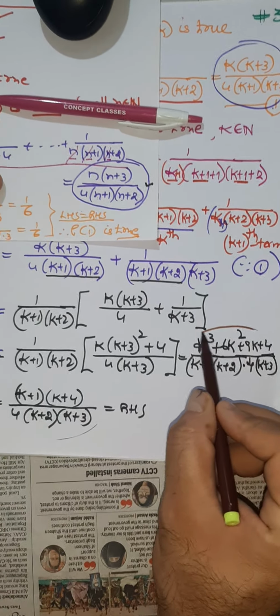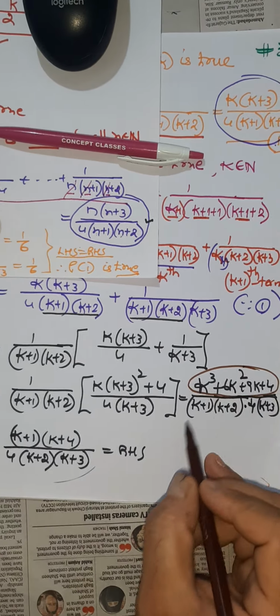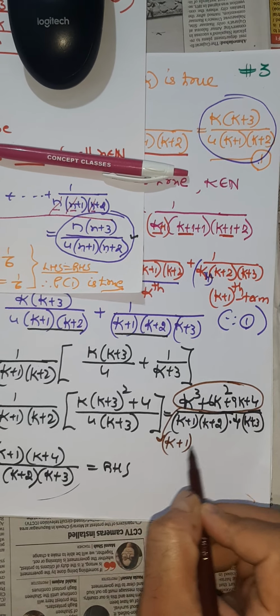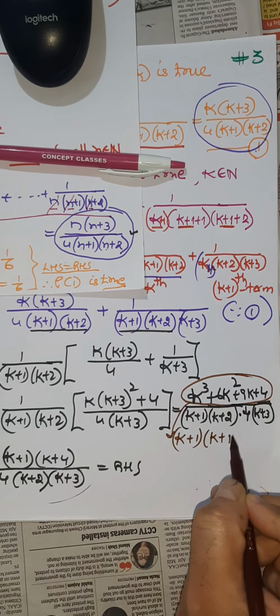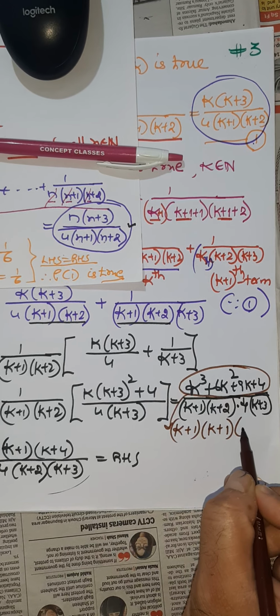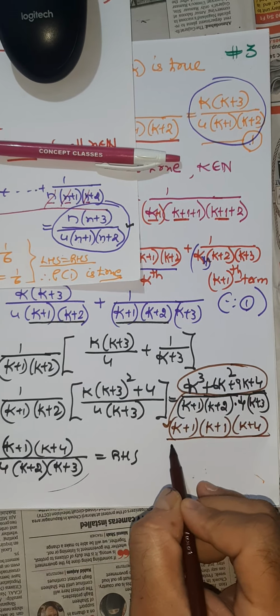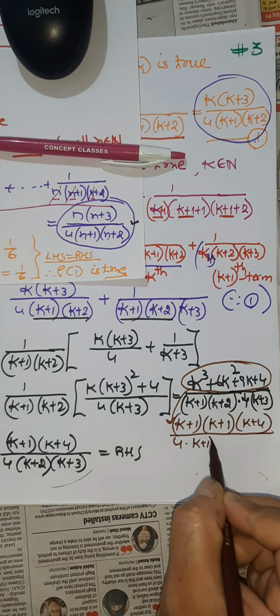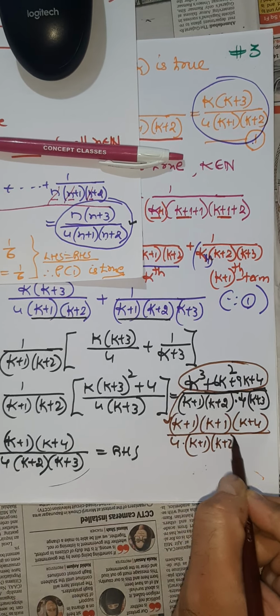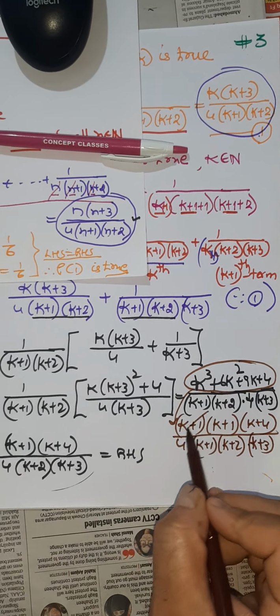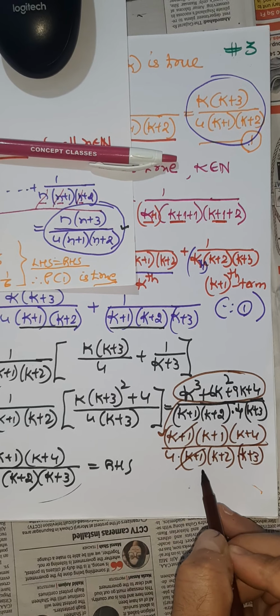So here now factorization of this one, which you can try in rough. It would be k plus 1 into k plus 1 into k plus 4. You can just try upon this expression 4 into k plus 1 into k plus 2 into k plus 3. So one k plus 1 will get cancelled.